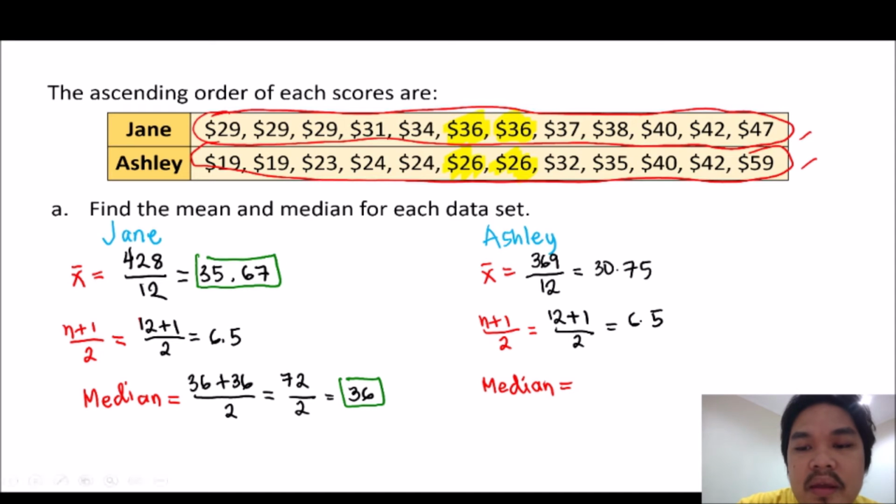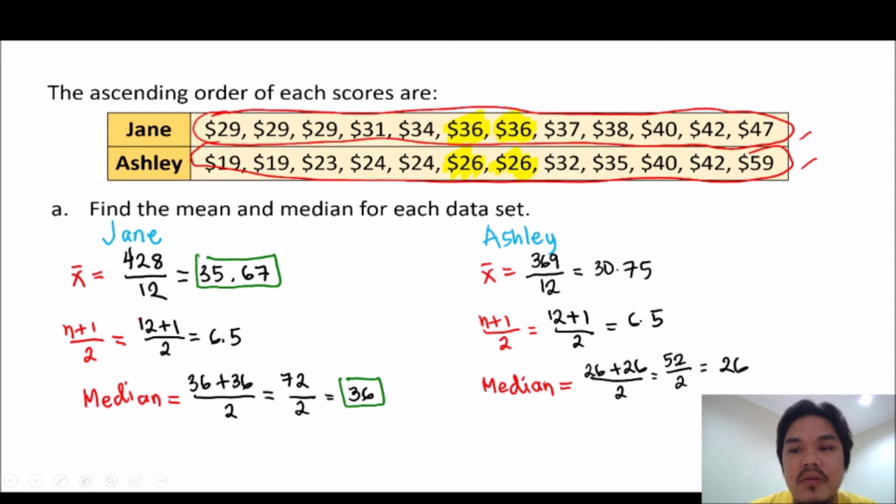So the median will be 26 plus 26 divided by 2. So that is 52 over 2. So you have 26. Okay, so the mean is 30.75 and the median is $26 for Ashley's data.